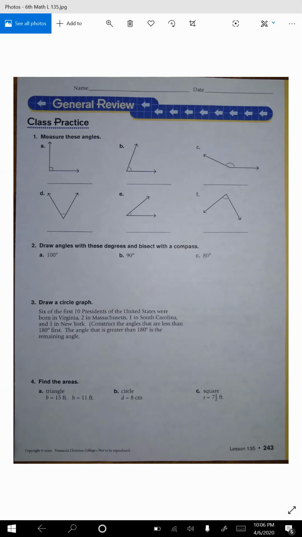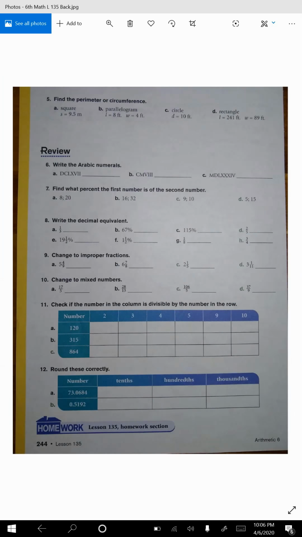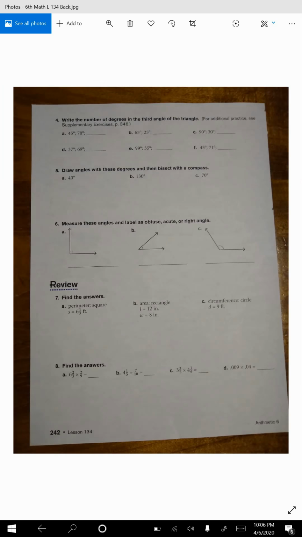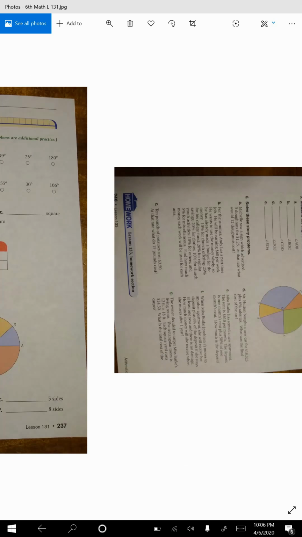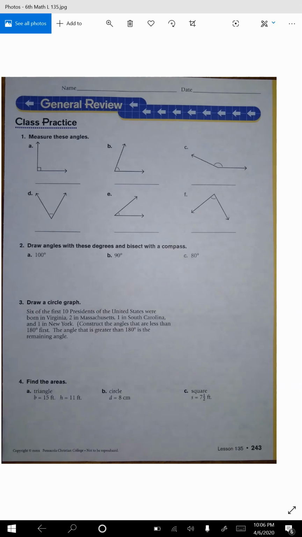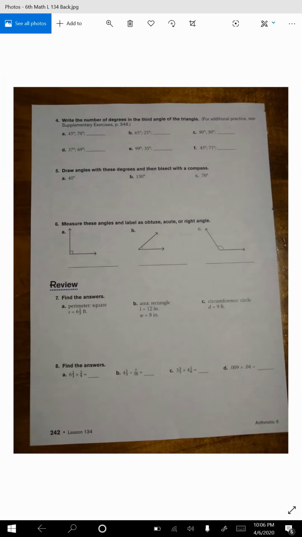I know I have it. I saw it. Where is it? I might pause it and look for it for you guys. 131. But I'm looking for 134, right? Let me get to the end here. That's 135. This is it. Is this it? Yes. Okay.